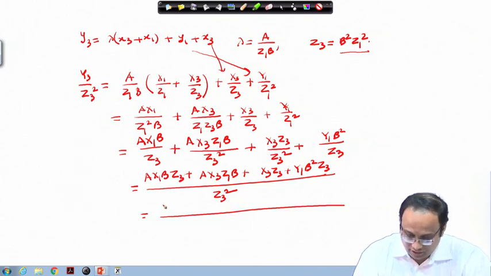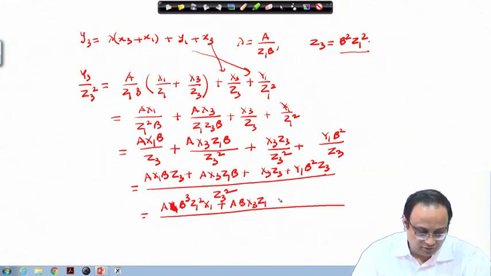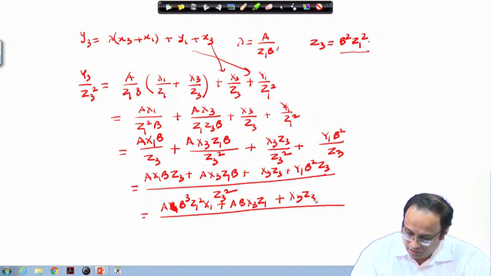So, if I plug that back, then I have got a x1. Okay. And so, if I just plug back z3 as b square z1, then I can write this part as a b to the power of 3 z1 square x1, just writing the x1 at the end, plus a b x3 z1, plus this part, which I write as x3 z3, and for this part, if I substitute b square z1 in place of z3, I have got b to the power of 4 y1 z1 square divided by z3 square.